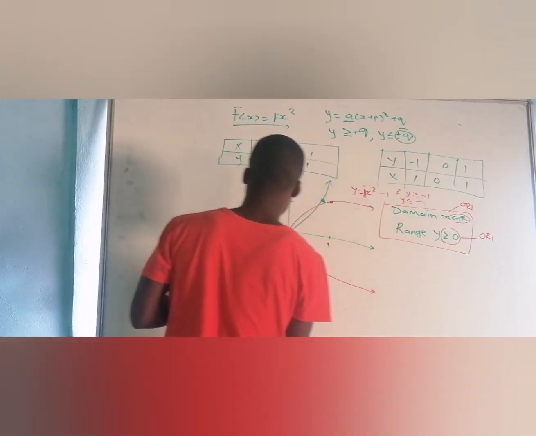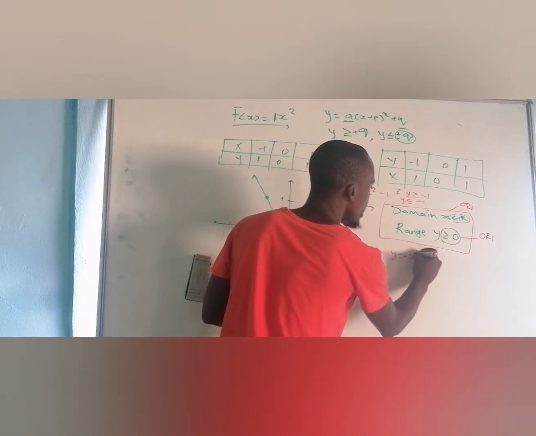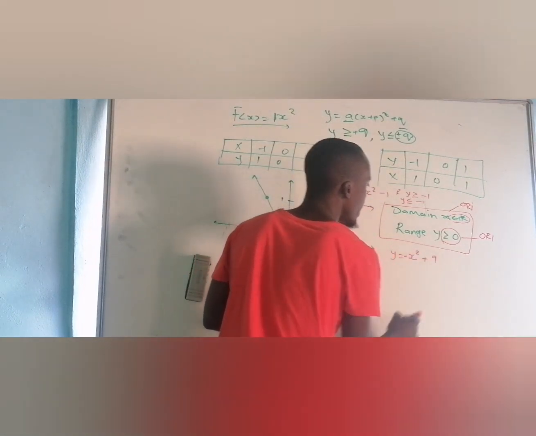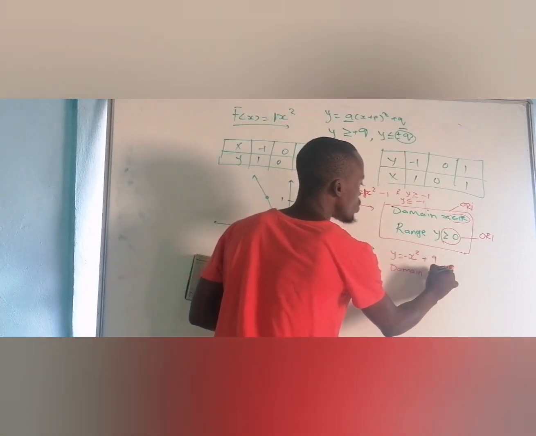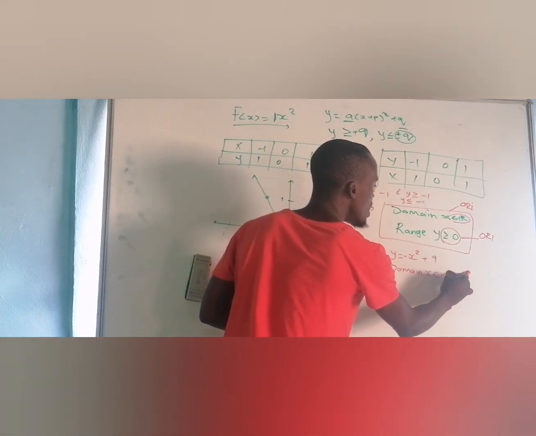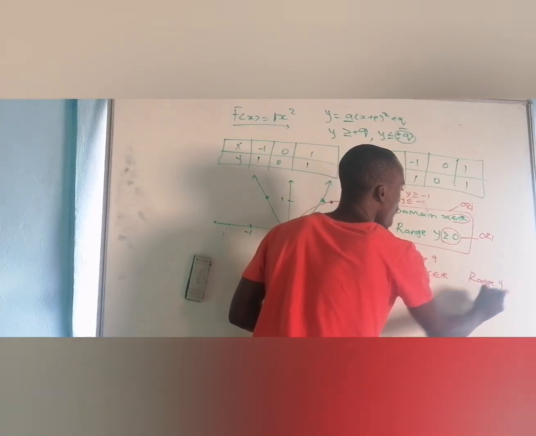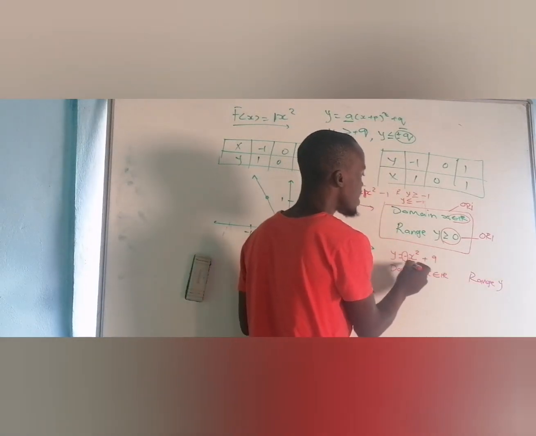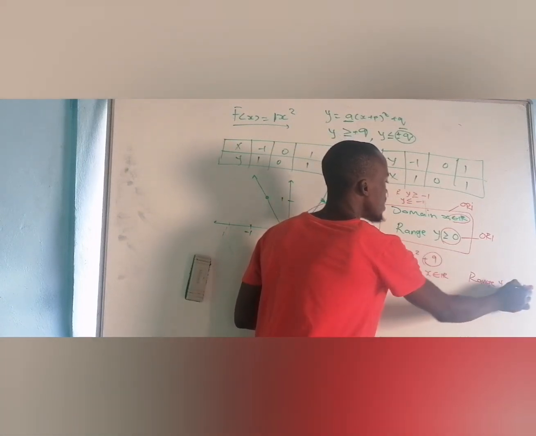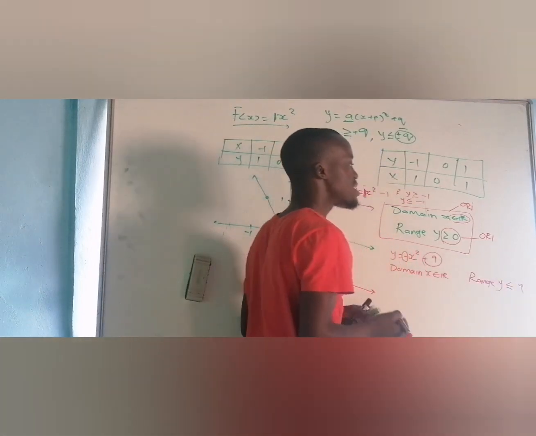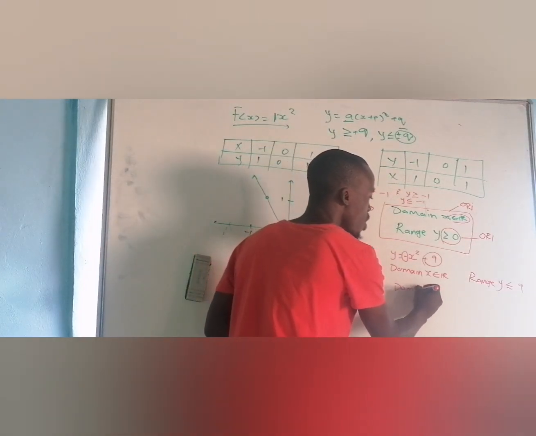Let me say you have y equals negative x squared plus 9. Then the domain of the original graph will be x is an element of all real numbers. Then its range will be y, and we check the value of a. Since it's negative, it will be less than or equal to, then you take the q, or 9, with its sign. Then they want us to write the inverse.